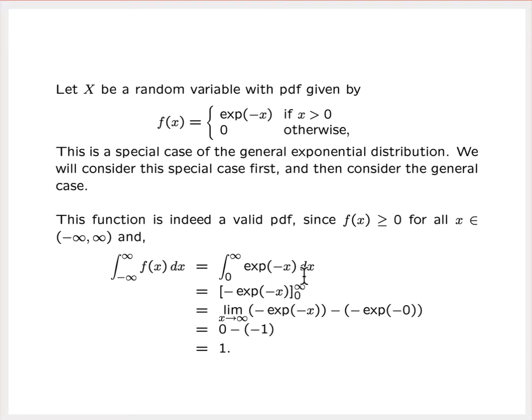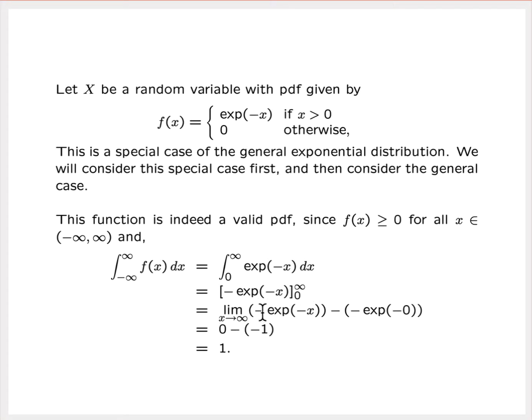In addition, and now we're going to make use of that mathematical result that I just showed you, the integral of this function over the real line, which simplifies to the integral over the positive part of the real line, in other words, from 0 up to positive infinity, of e to the negative x, is, by the fundamental theorem of calculus, equal to negative e to the negative x, and we have to take the limit of this expression as x goes to positive infinity, and then minus this expression evaluated at 0.